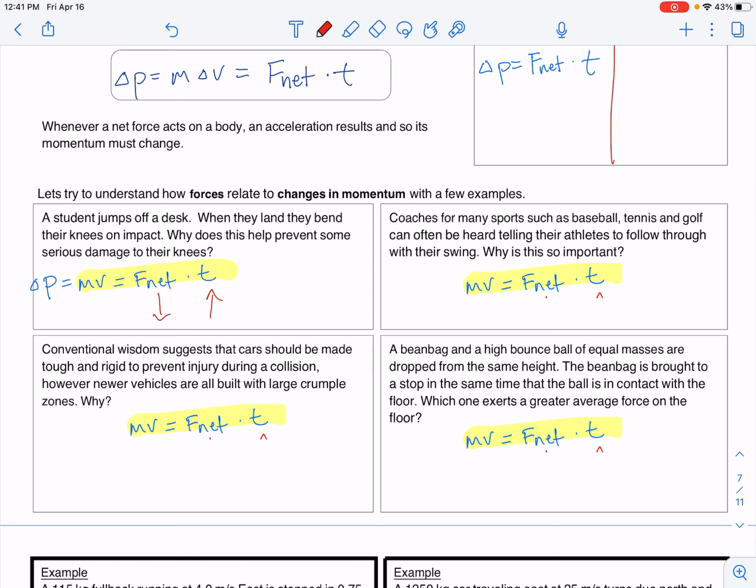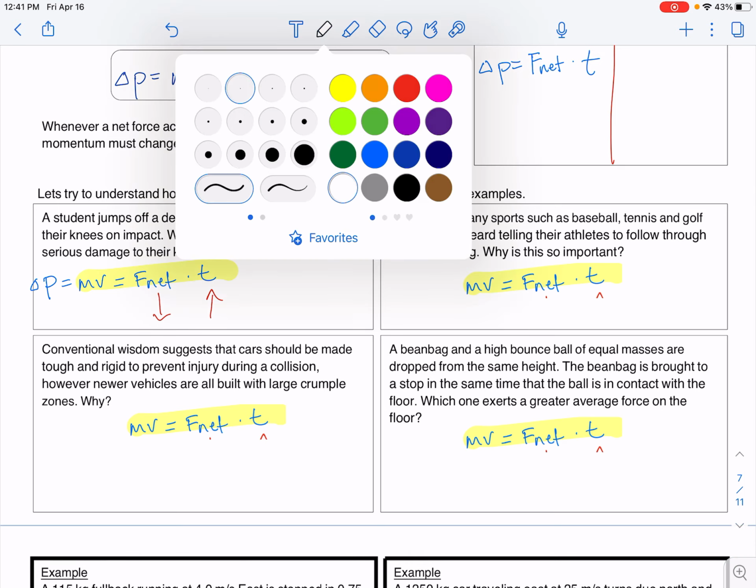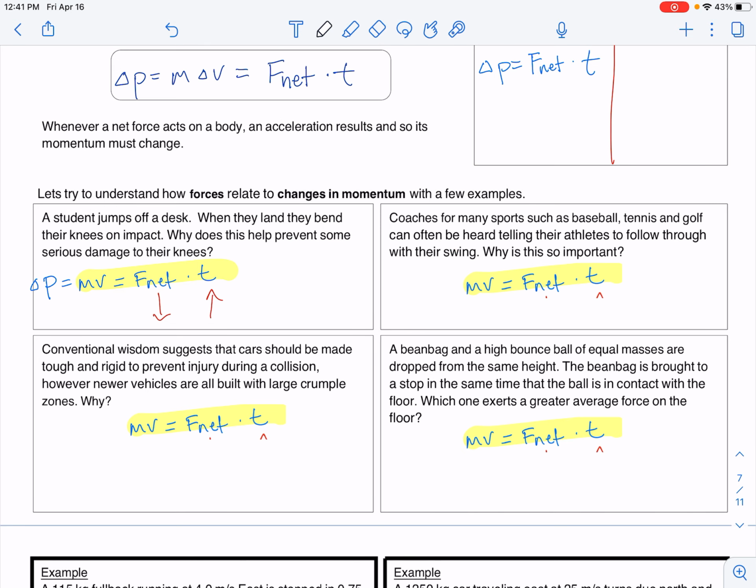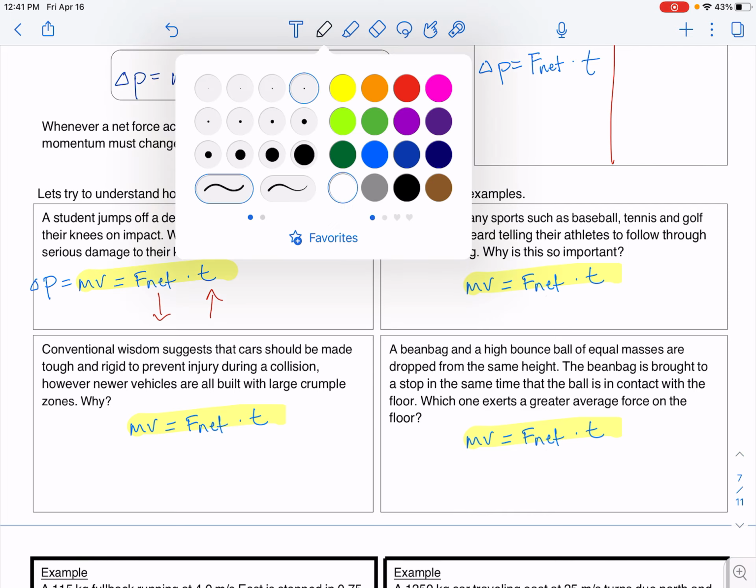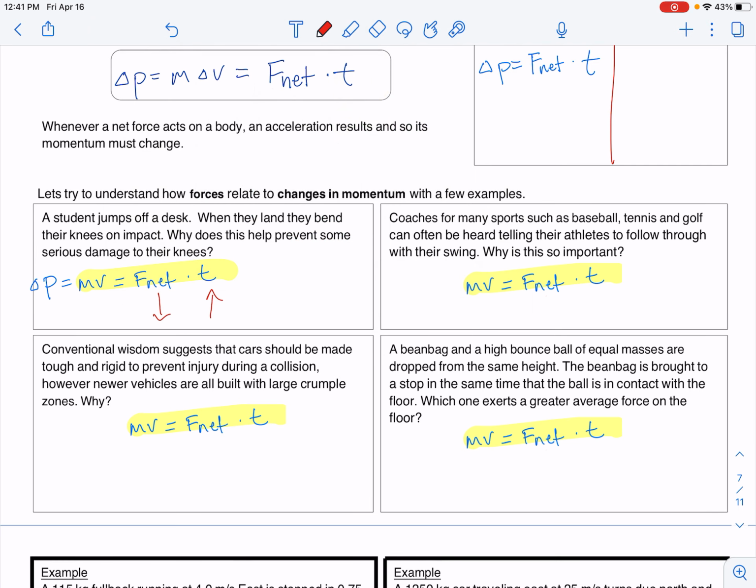Okay. All right, when you're back, look for a second one.